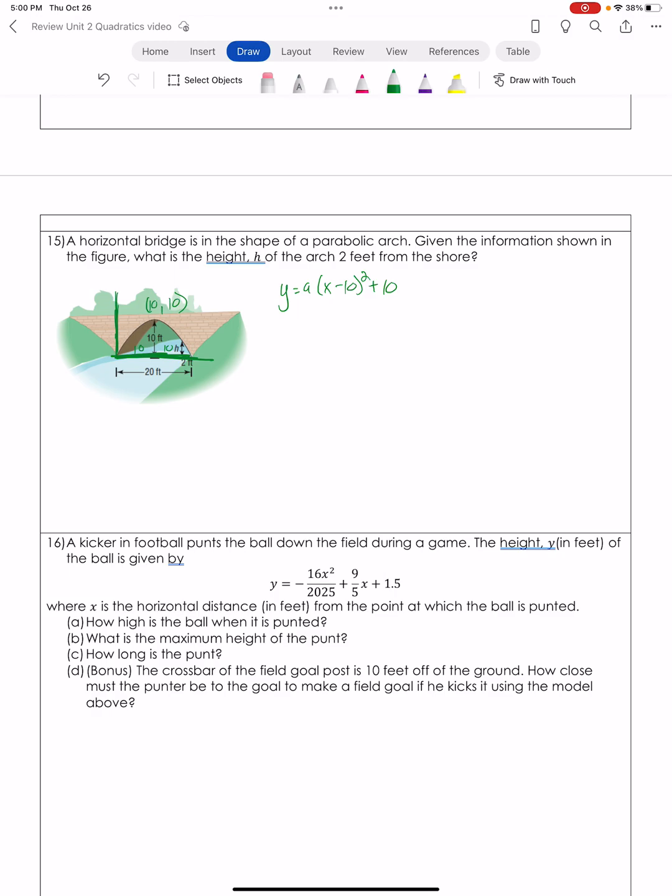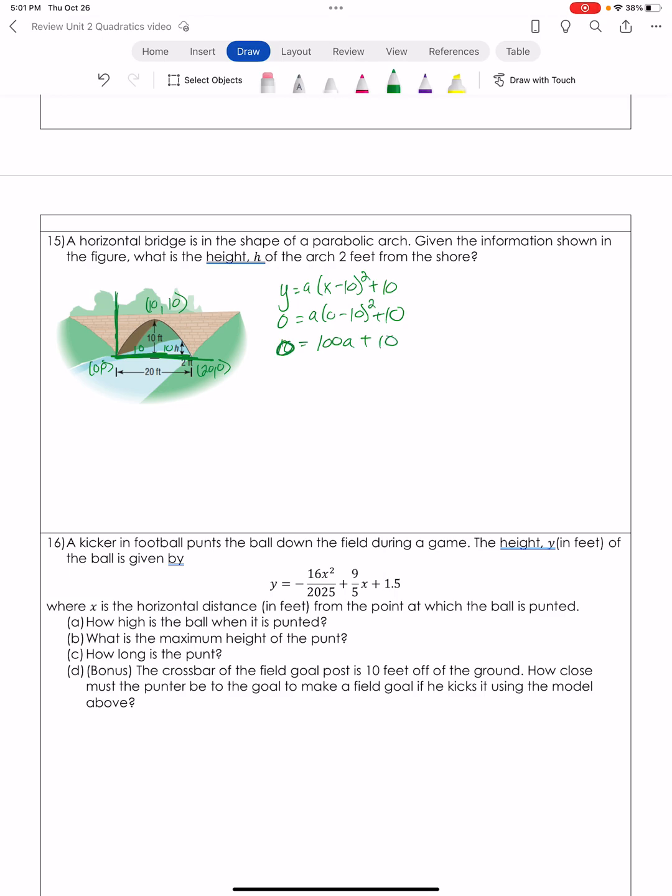I don't know what a is. I do know that the coordinates of this point are 0, 0, and this point is 20, 0. So I'm going to put the 0, 0 in, so I know that when x is 0, y is 0. So this is going to be 0 is equal to 100a plus 10.